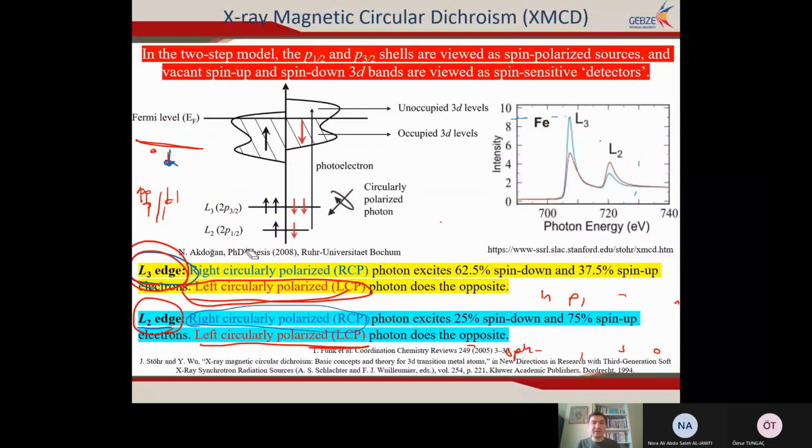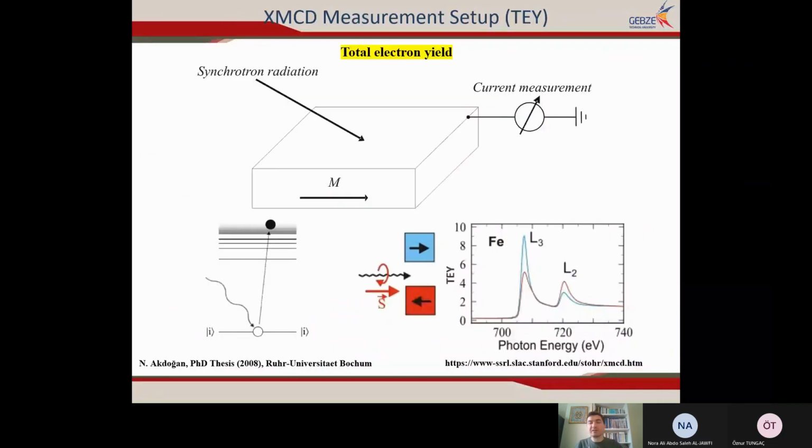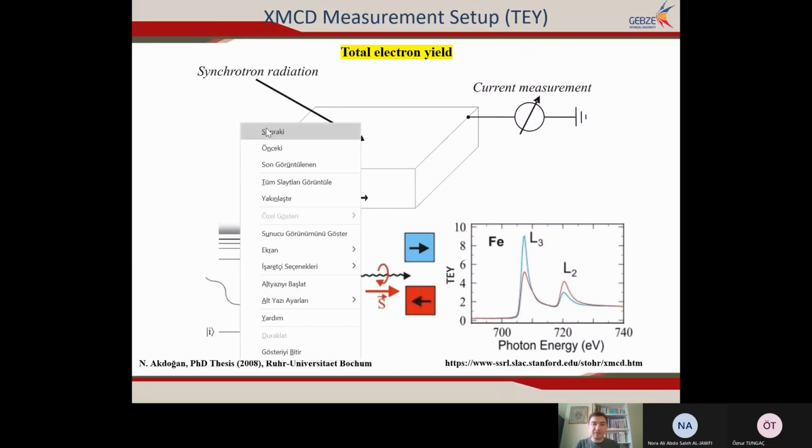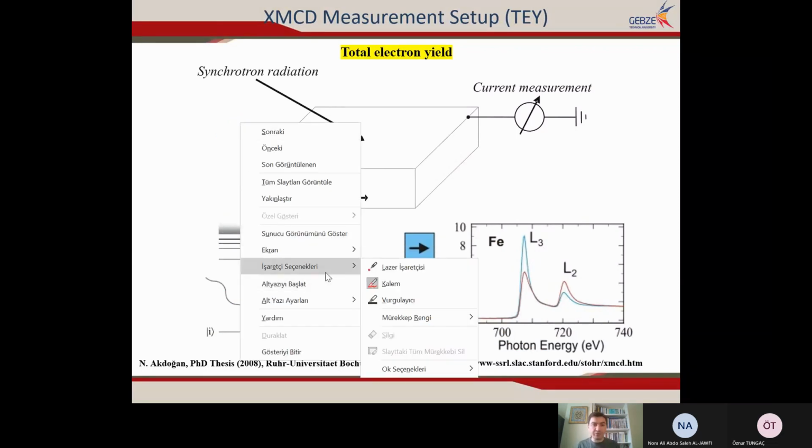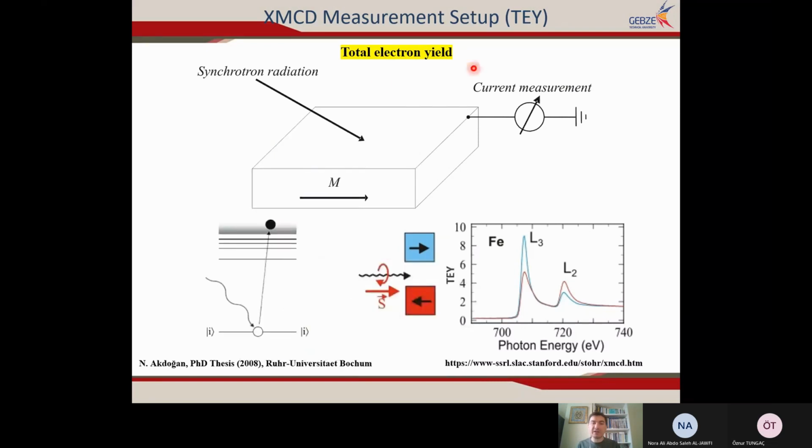Then let me continue with the XMCD measurement setup and different methods used in XMCD experiments. Let me start with the total electron yield. This is the most used method. Actually, XMCD experiments are absorption experiments. Remember the X-ray matter interaction in the second chapter of this lecture. In absorption experiments we have three absorption products: photoelectrons, Auger electrons, and fluorescence X-rays, right?